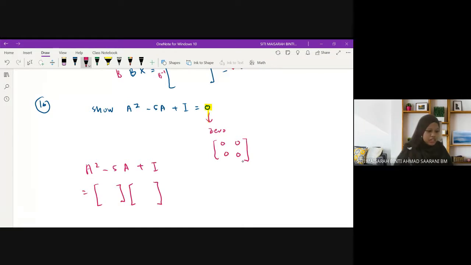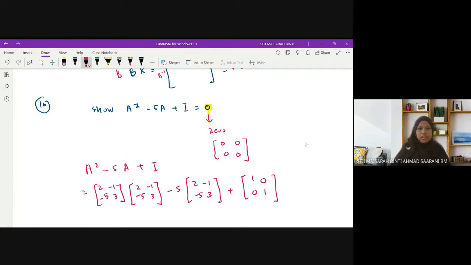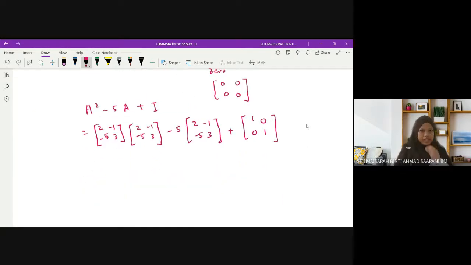Matrix A is 2, -1, -5, 3. Okay, Meda tulis je lah, tak sebut. 2 negative 1 negative 5 3 multiply 2 negative 1 negative 5 3 minus 5 multiply 2 negative 1 negative 5 3 plus 1 0 0 1. Okay, untuk selesaikan ini awak kena darab dulu.